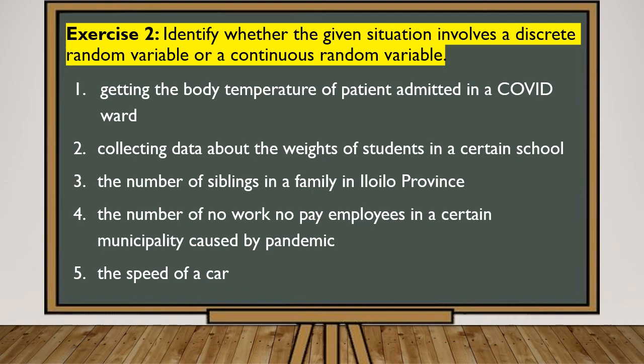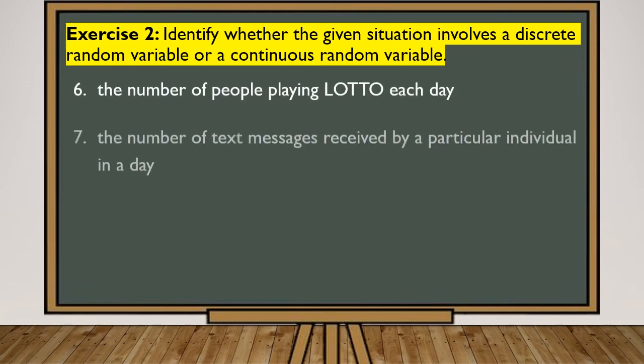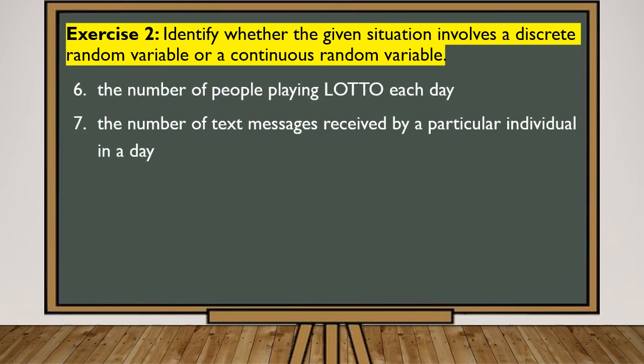So you are going to write discrete random variable or continuous random variable if the situation involves a discrete or continuous random variable. You can only write your answers in your paper, so do not forget to label exercise 2. Number 6, number of people playing lotto each day.